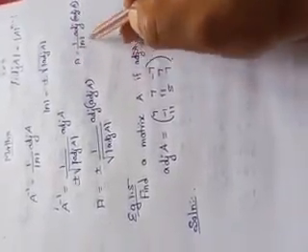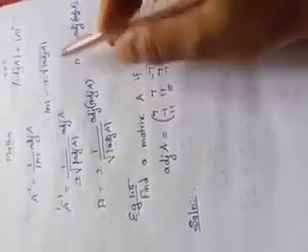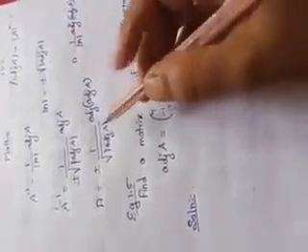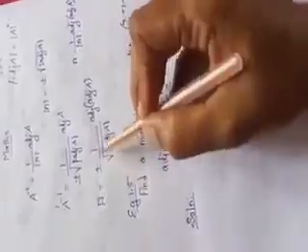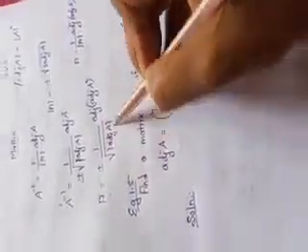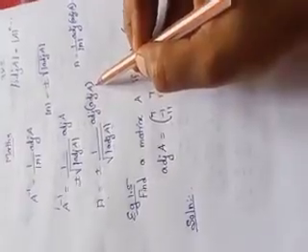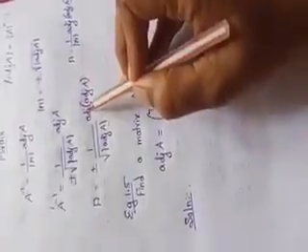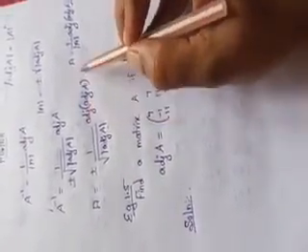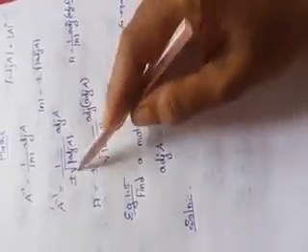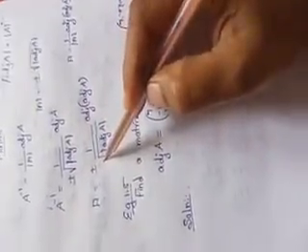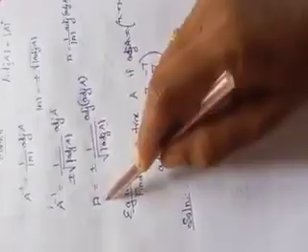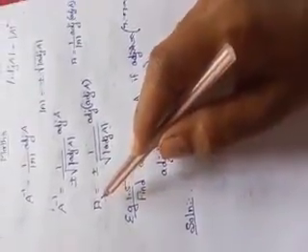If in place of determinant A we use plus or minus square root of determinant adj A, we will get A is equal to plus or minus 1 by square root of determinant adj A into adj of adj A. What is the meaning of adj of adj A? For the adj A, again we have to find the adjoint, one more time. So these two formulas we are going to use: when adj A is given, how to find A inverse, and in the same way, when adj A is given, how to find A. Shall we move to the problem?